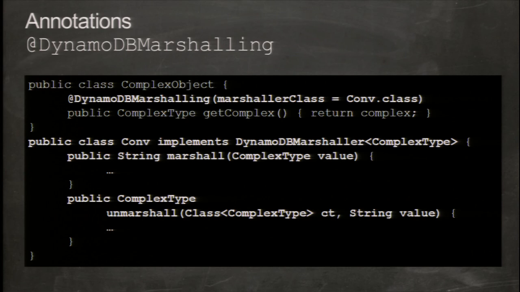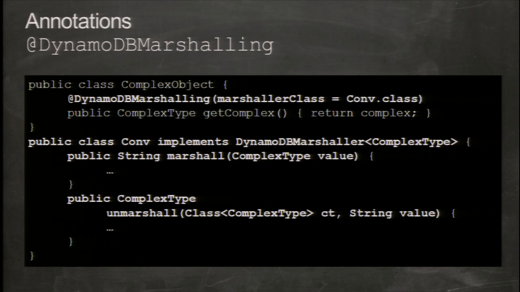Finally, we have the DynamoDB Marshalling annotation. So far, we've been talking about simple string and number attributes or properties for our objects. If we have complex types that can be represented as a string, then we can use the DynamoDB Marshalling annotation to flag those complex types to be persisted into the DynamoDB table.